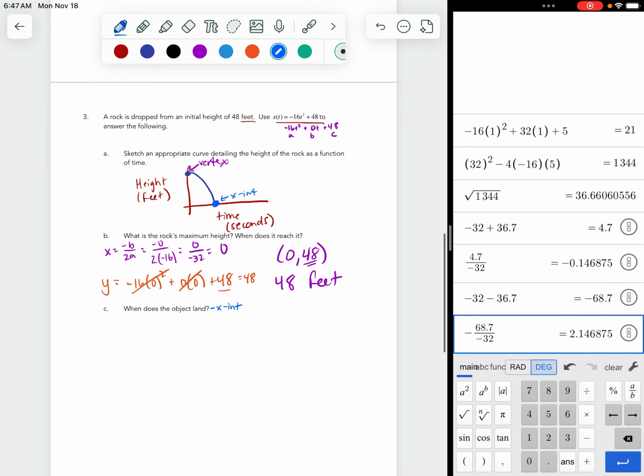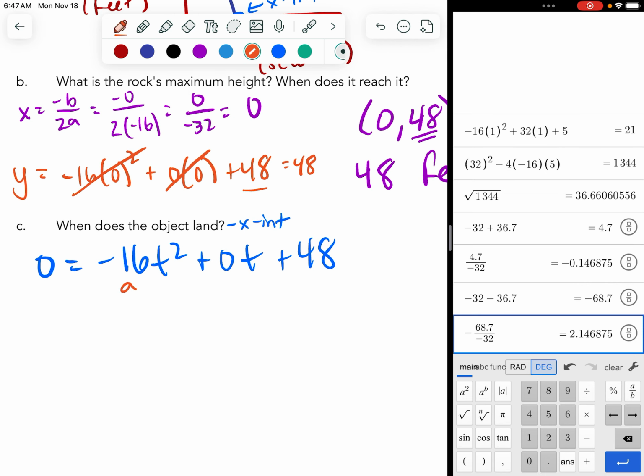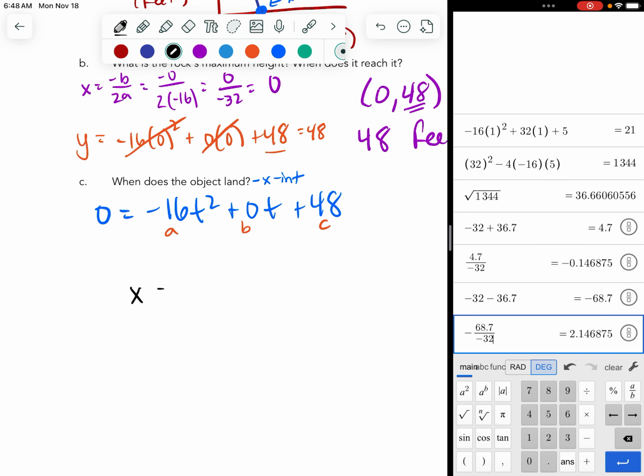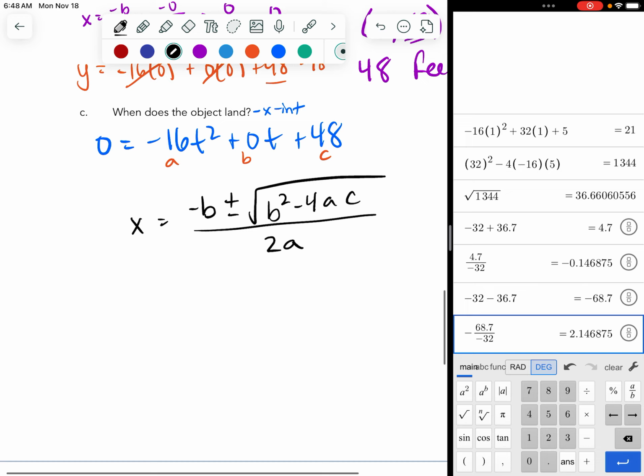Okay, so same thing here. Let's go 0 equals your function. Now I am going to put the 0 in there just so we can use our a, b, or c again. And let's wrap this up with one more quadratic formula. Okay, so why don't you guys start plugging this in? You can do this as I do it.